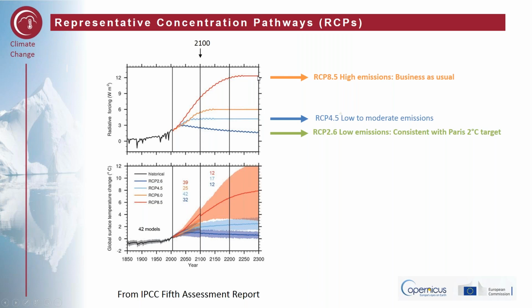So you can see the highest of these is RCP 8.5, which is named after the radiative forcing level it reaches at 2100. So this is a high emissions, business as usual type of scenario, compared with this bottom one, RCP 2.6, in which emissions begin to drop off and end up with a global climate change that's consistent with the 2 degrees target of the 2015 Paris Agreement.